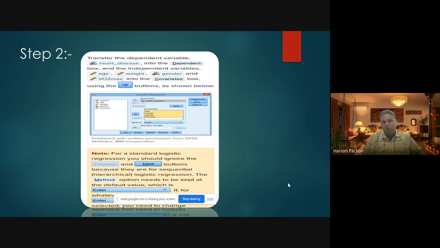Note, for the standard logistic regression, you should ignore the previous and next buttons because they are for the sequential logistic regression. The method option needs to be kept at the default value, which is Enter.